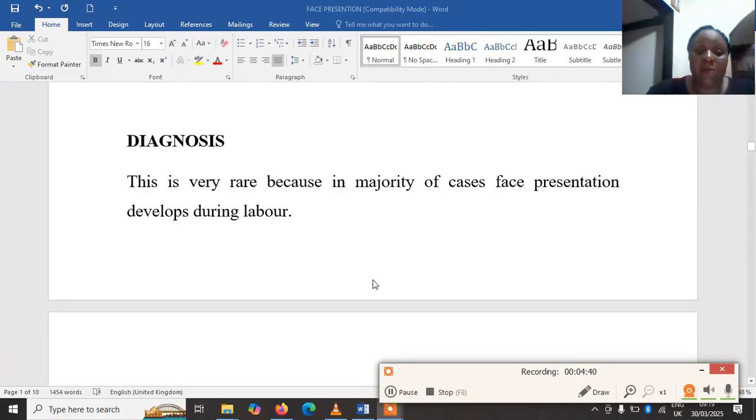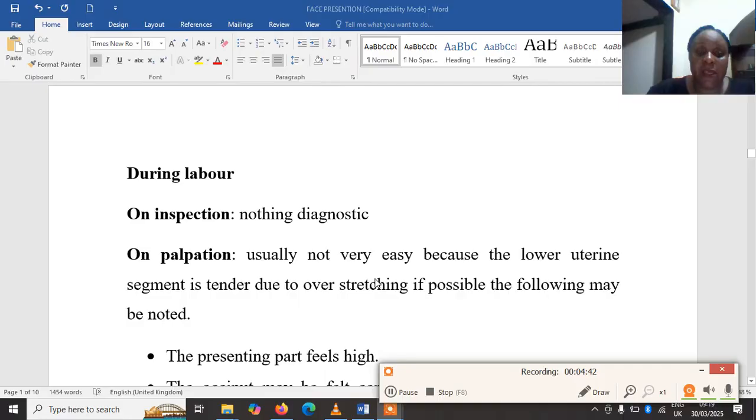That is why it may be hard to diagnose. During labor, on inspection, nothing is diagnostic. If we look at the abdomen, there is no clear sign that makes us suspect a face presentation. On palpation, it is usually also not easy, because the lower uterine segment is tender due to overstretching.